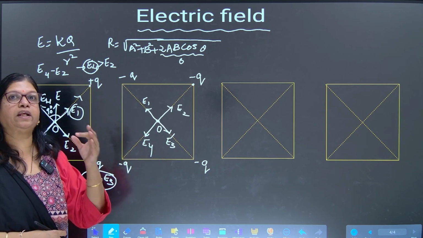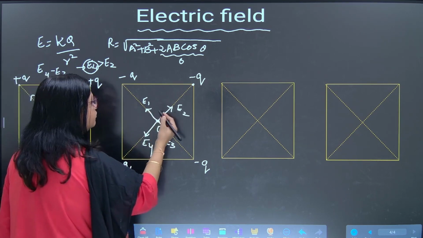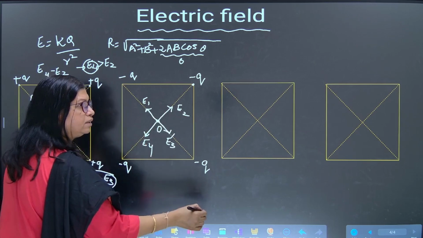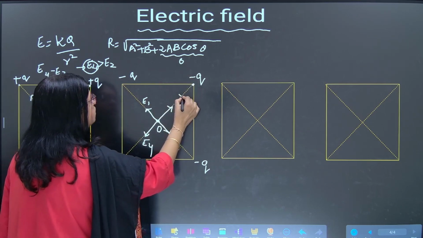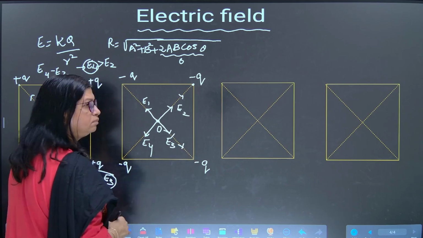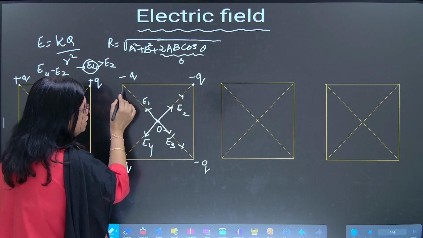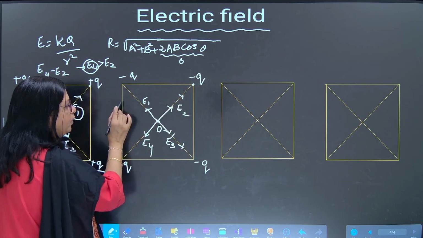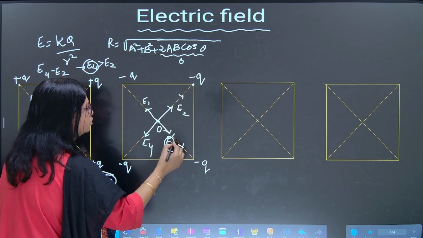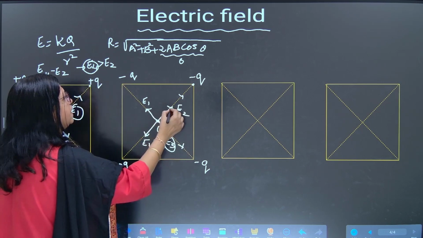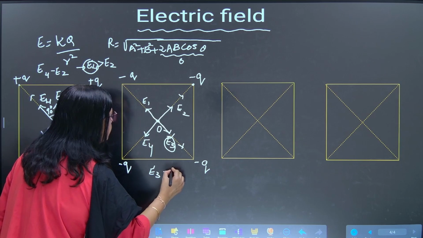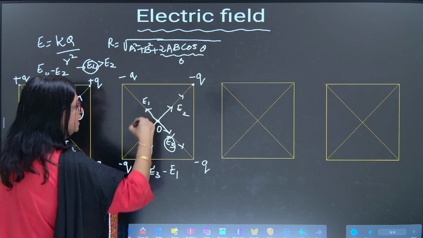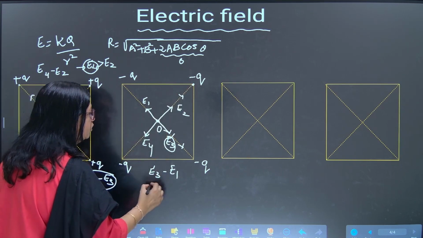Fine. You will get the direction as wherever you are getting the resultant of these two and these two. In this case these two are big. You have found out the resultant on this line, E3 minus E1. E3 is bigger, so direction is this side. Next, for the next diagonal, what should I do?